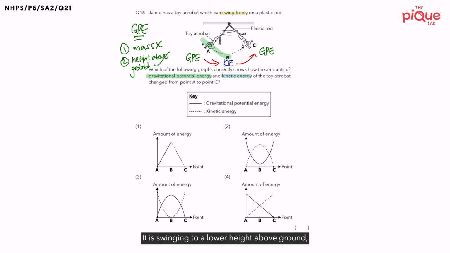It is swinging to a lower height above ground, so the GPE should decrease. However, when it swings from B to C, it is now moving to a greater height above ground, so the GPE should increase.